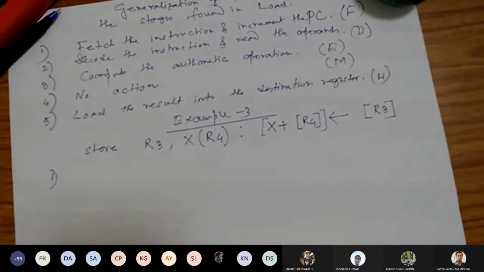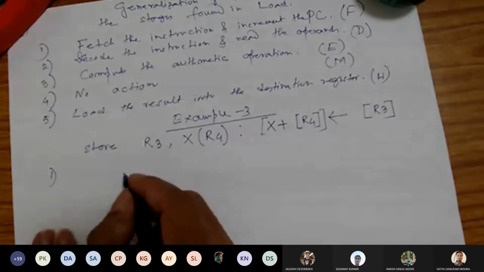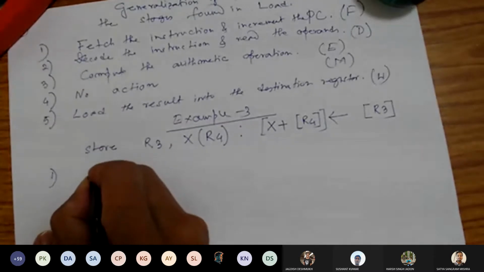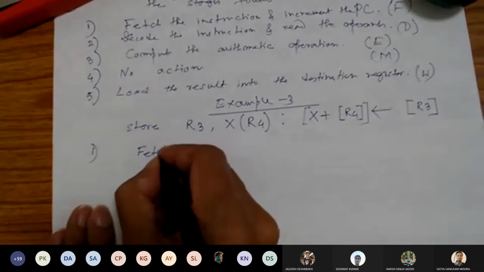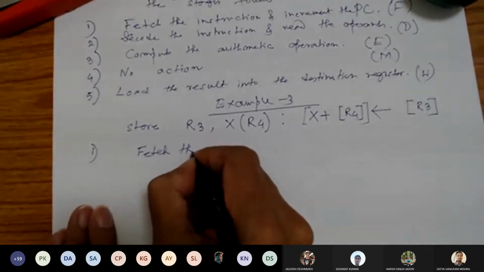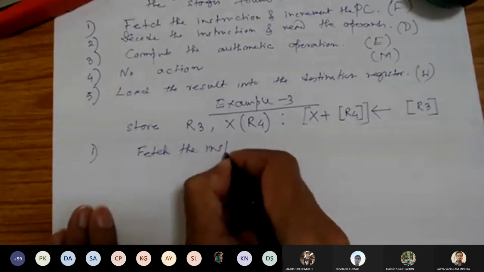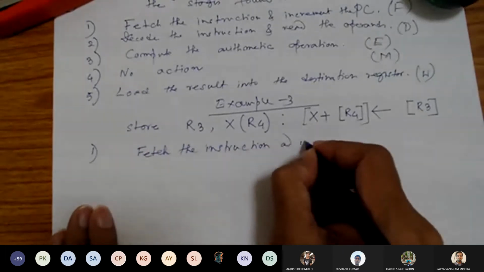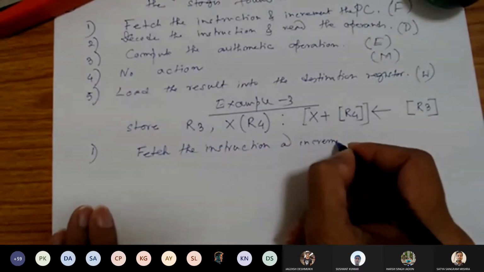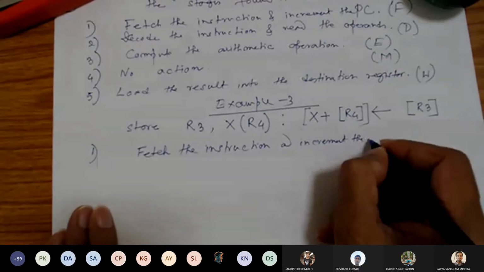So correct. What we can write: the first stage is fetch the instruction and increment the program counter.